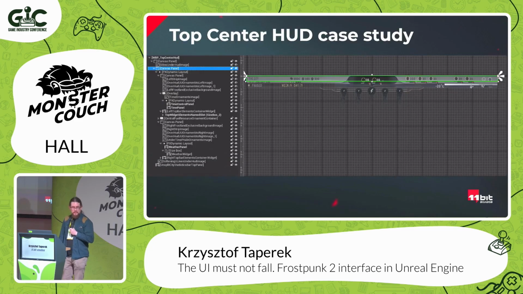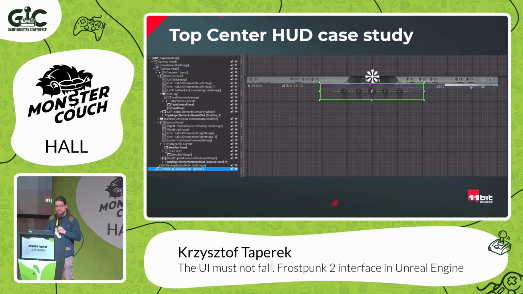So let's see an example widget. Here we have the top center HUD. It's quite a big one. Probably it's a few thousand widgets in total, but we don't care about that. On the left side we see the hierarchy. So even in the single widget we have around 30 other widgets, and a lot of them are of course nested.